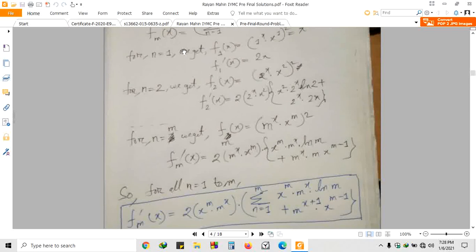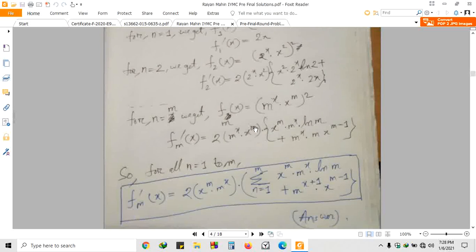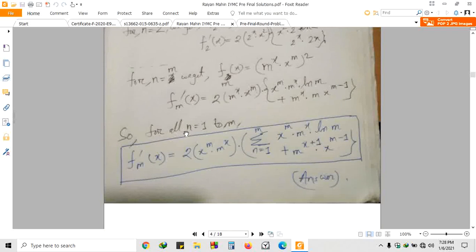So by checking n equals 1, 2 and m, we came to a conclusion that for all n, where n equals 1 and goes on till m, the derivative of the given function will be 2 into x to the power m into m to the power x into the summation of this function: x to the power m into m to the power x into ln m plus m to the power x plus 1 into x to the power m minus 1.